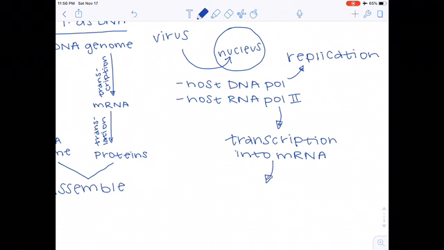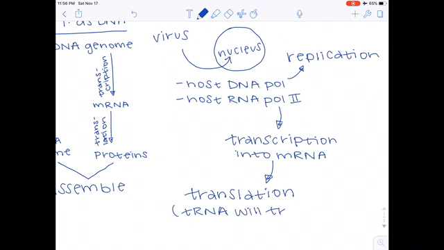Alright, so after transcription, we have translation. And this is facilitated by the ribosomes of the cell. And the ribosomes of the cell, along with them, the tRNAs will help, or specifically the tRNAs will help with transporting amino acids.